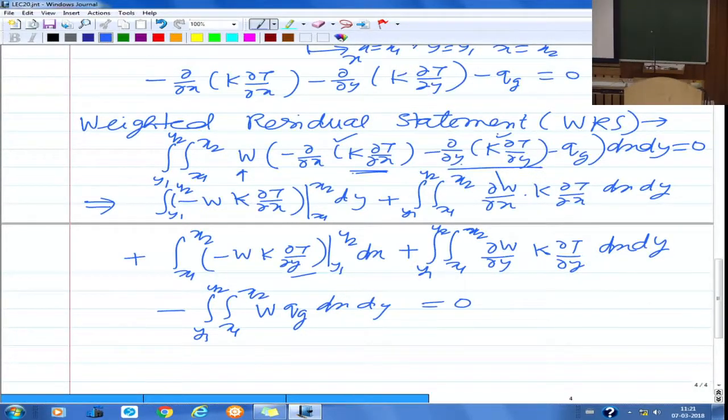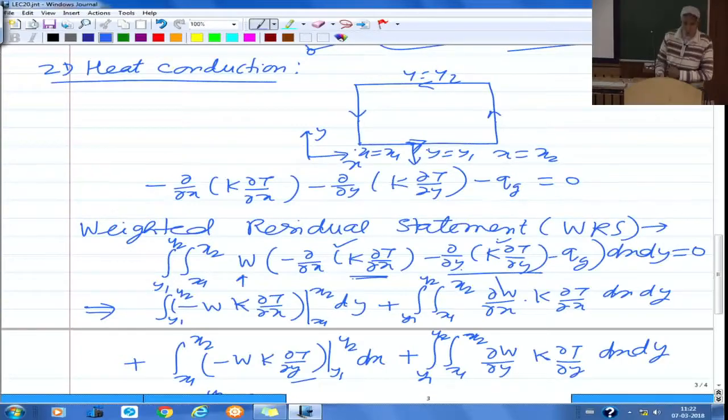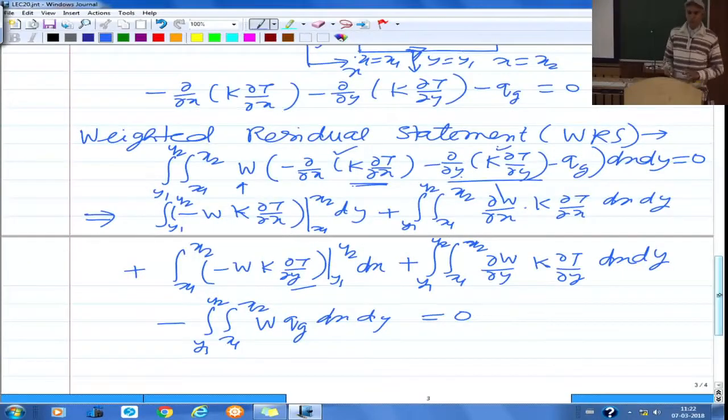So now what is this k into del T by del y for that boundary? See, k into del T by del y would give me the heat flux, in which direction? What you get is minus minus, it becomes plus. So k into del T by del y will give me heat flux in the negative y direction, and that negative y direction is actually my outward normal here. So if I denote that outward normal by n, I can say that's nothing but q_n.